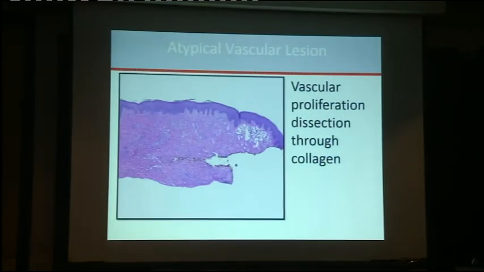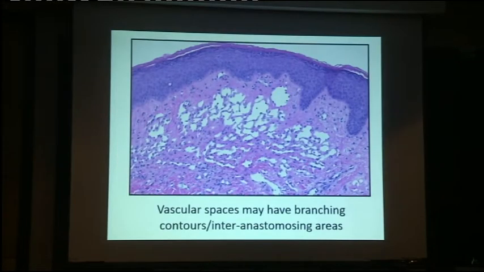When we do the skin biopsies, there is a vascular proliferation. Dissection through the collagen is commonly seen. When we look at the vascular spaces, we are looking for, again, inter-anastomosing spaces. In general, these atypical vascular lesions are described as having branches and atypical contours.